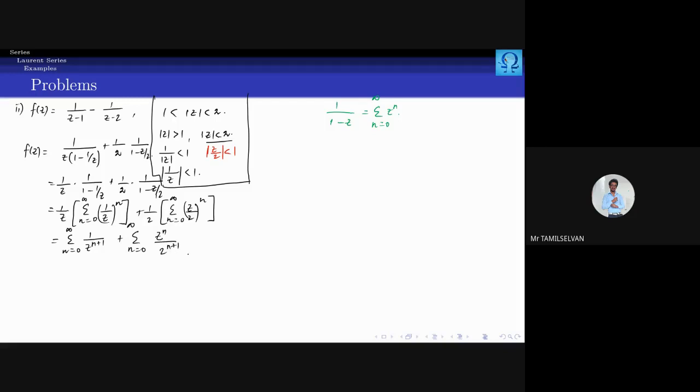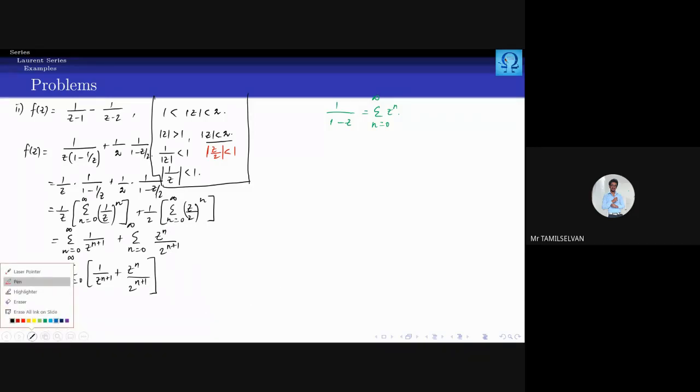When we combine this, we have 1 upon z to the power n plus 1 plus z to the power n upon 2 to the power n plus 1. Am I right? Yes, sir. So this is your required Laurent series expansion.